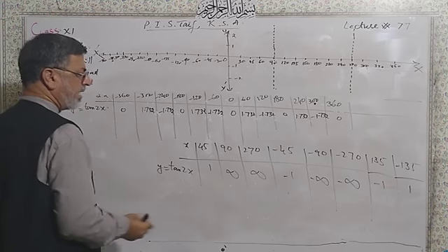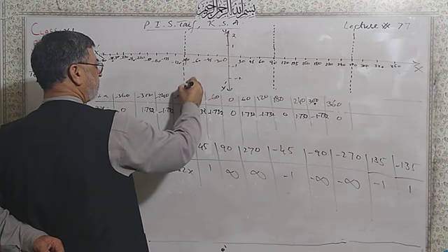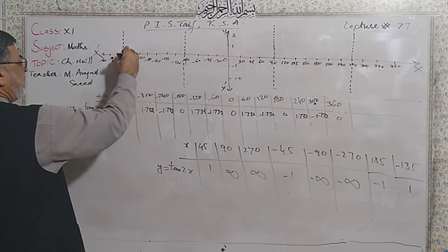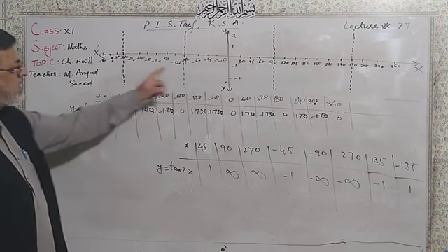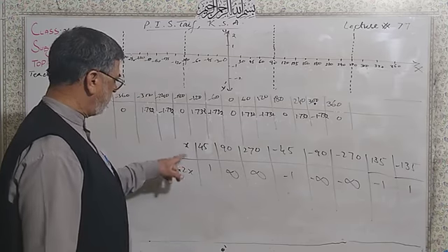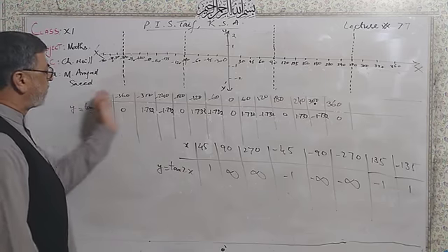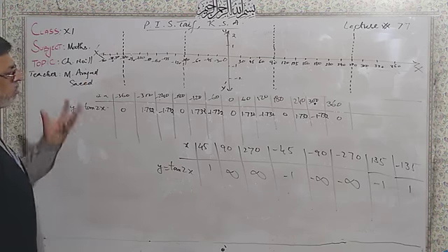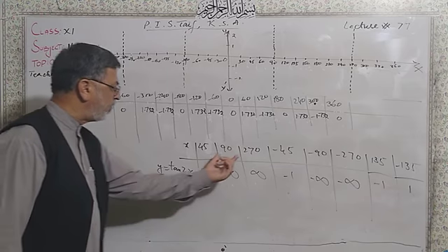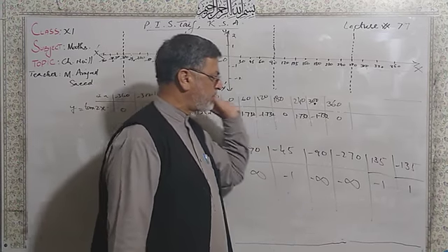Dear students, at minus 90, again we have infinity line. Then at minus 270, we have infinity lines. That was the reason I was finding these special values of x which were not normally according to that rule after multiplying with 2. Because to draw the graph properly, to draw the infinity lines, we must have these values: plus 90, plus 270, minus 90, minus 270.